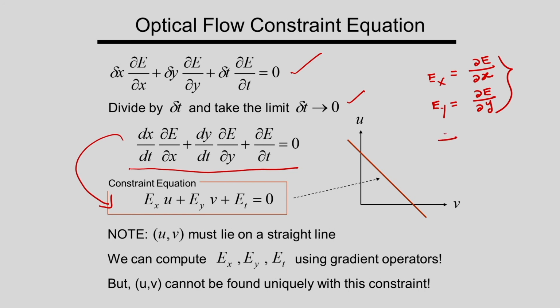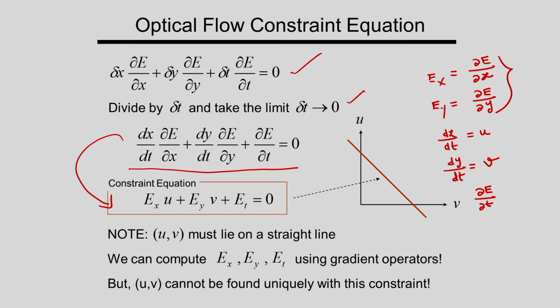And what is dx dt? dx dt is nothing but u, the velocity along the x direction. And what is dy dt? dy dt is nothing but the velocity along the y direction, that is v. And what is delta E delta t? That is the time rate of change of brightness.